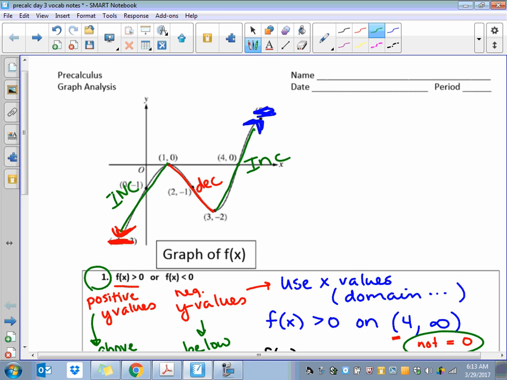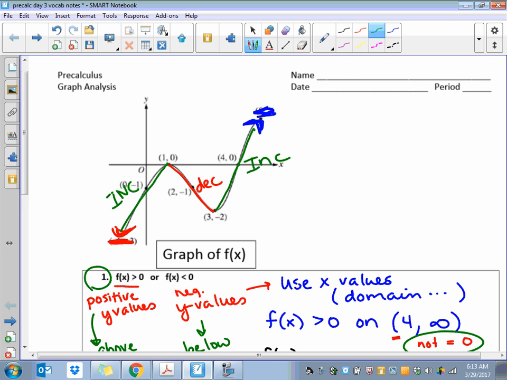One of the things we learn to do in calculus is determine this without seeing the graph. Just from the equation, you can figure out increasing and decreasing. The purpose of talking about these concepts in precalc is so you understand what the words mean, so when we talk about how you figure that out without the graph in calculus, you've got some background on the words.